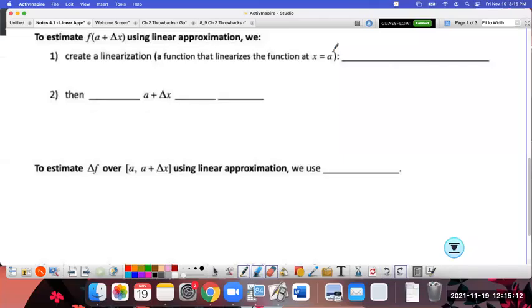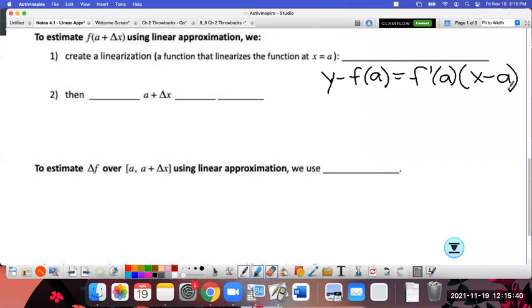So I want to go through the process of actually estimating those values. So if I want to estimate the output at a certain point using my linear approximation, or if I want to use that tangent line, we actually need to know the equation of the tangent line. Remember, that's y minus f of a equals f prime of a times x minus a.